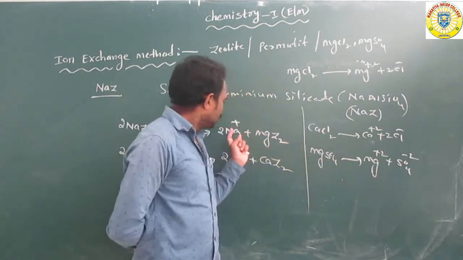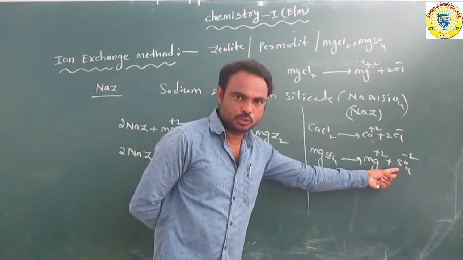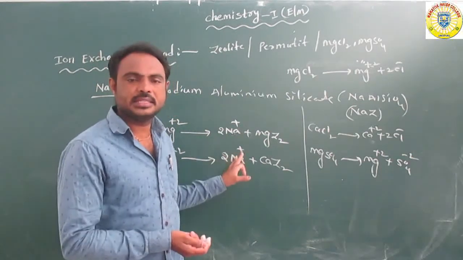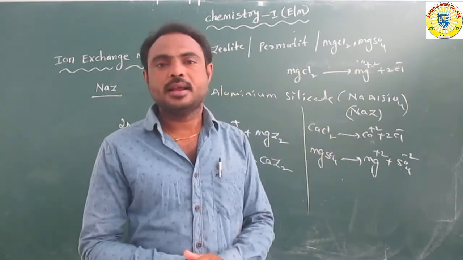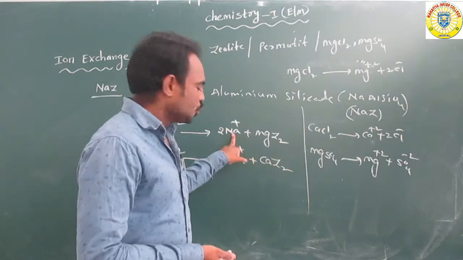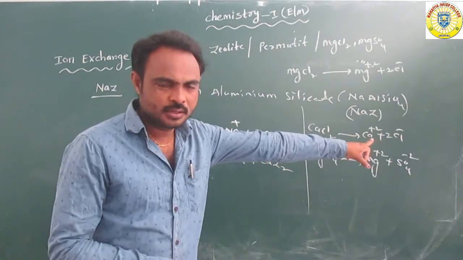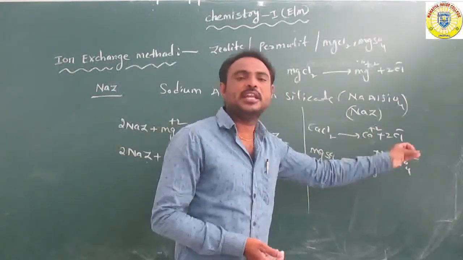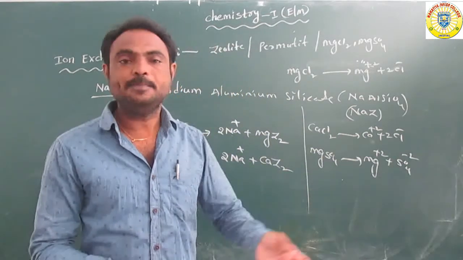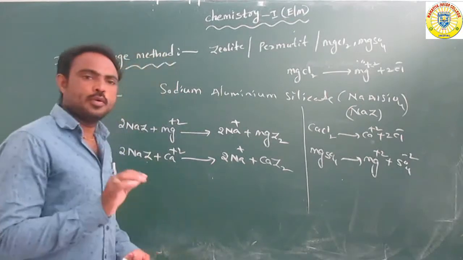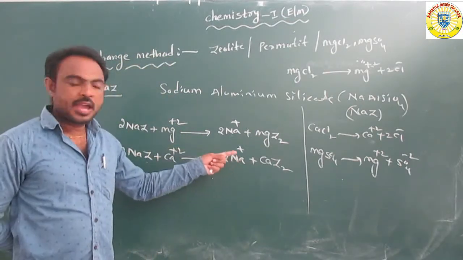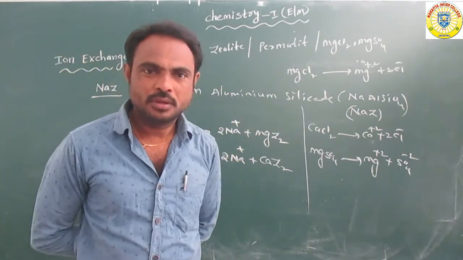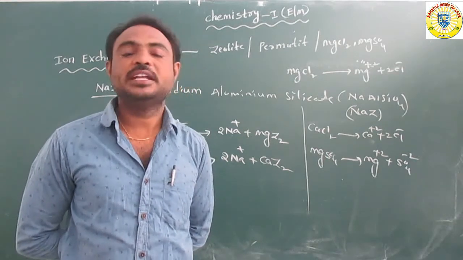Or 2Na plus reacts with SO4 minus 2 to form Na2SO4, sodium sulfate. So these sodium ions react with chloride ions or sulfate ions.